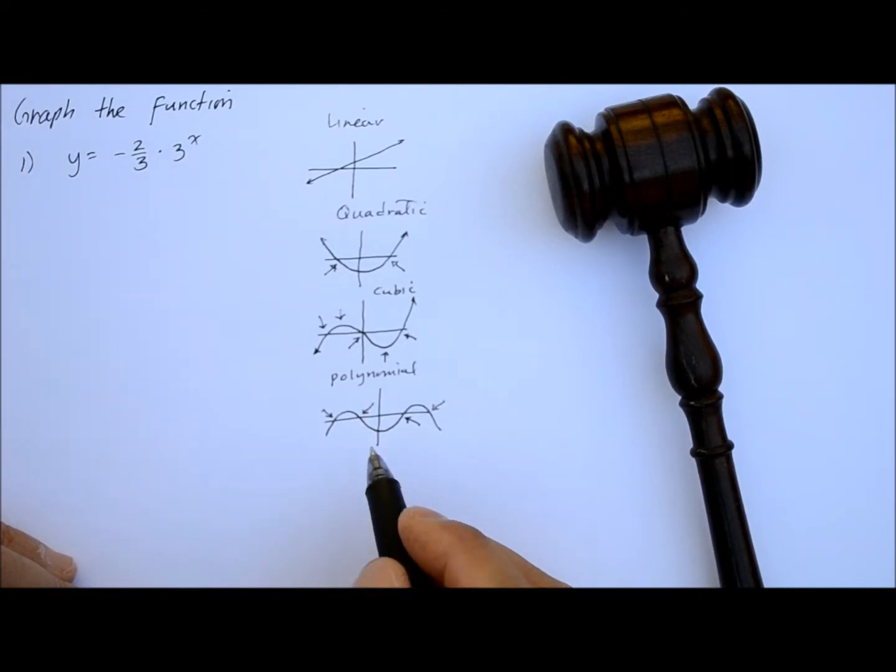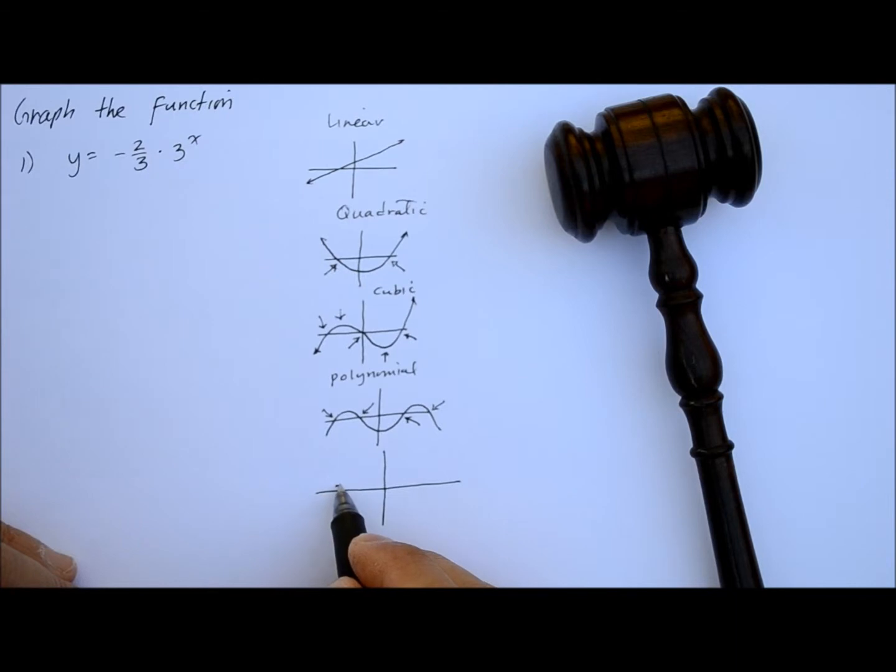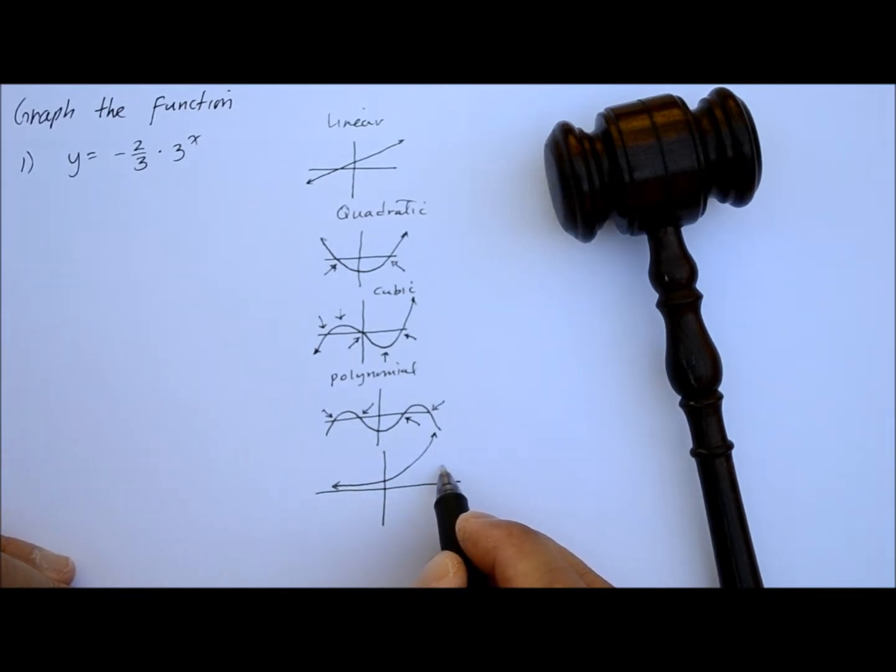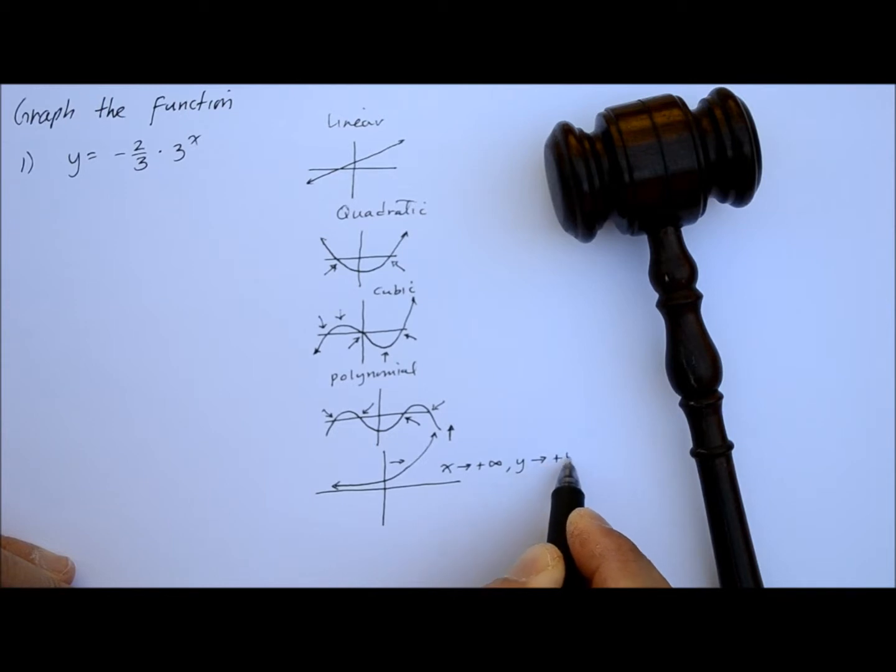But you see, in real life, functions don't always work like that. For example, human population. As time goes by, it gets bigger and bigger. Or maybe the temperature, as you go below the surface of the earth, it may get hotter and hotter. So in this case, as x approaches positive infinity, meaning away from the origin, the f of x, or the y, also approaches infinity.